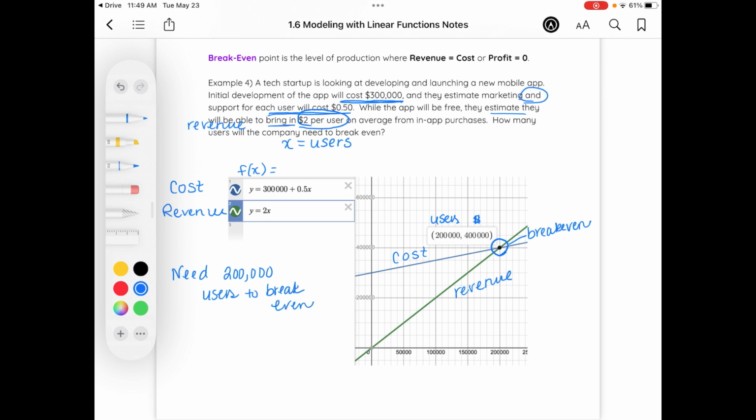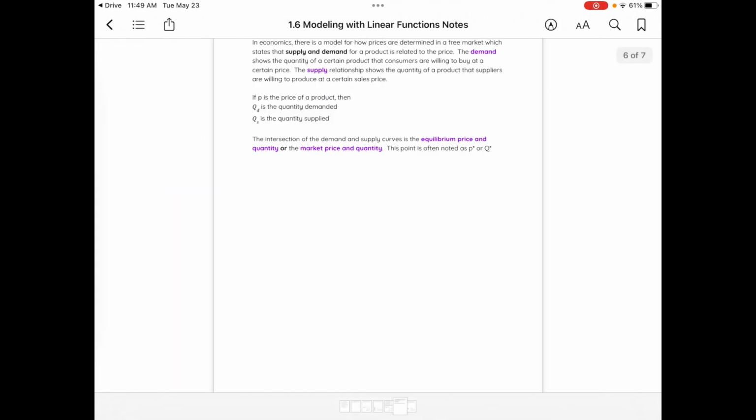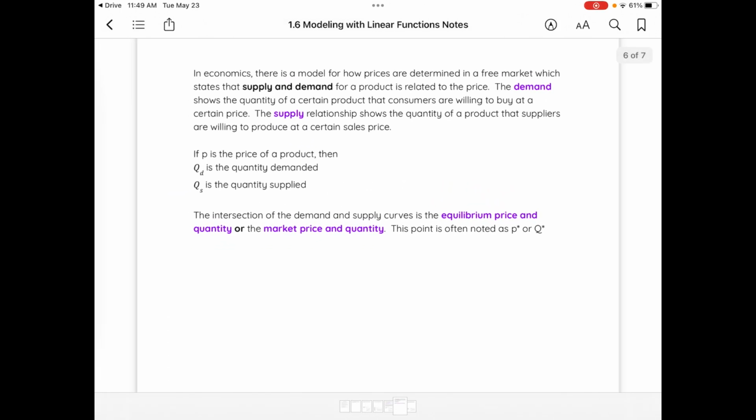Well, if we're thinking about revenue and cost, it's natural for us to want to think about supply and demand. In economics, there is a model for how prices are determined in a free market, which states that supply and demand for a product is related to the price. The demand shows the quantity of a certain product that consumers are willing to buy at a certain price.